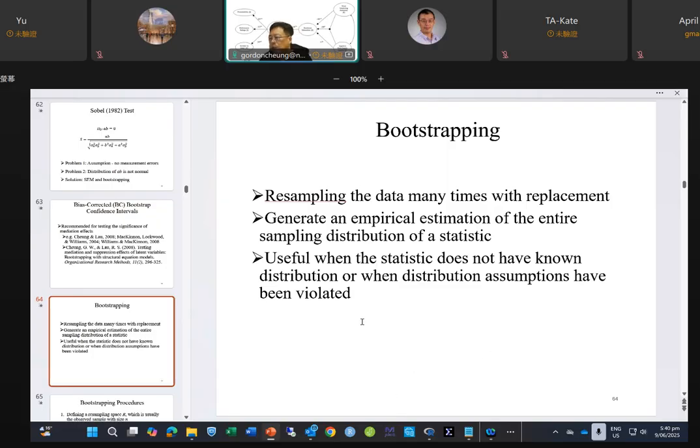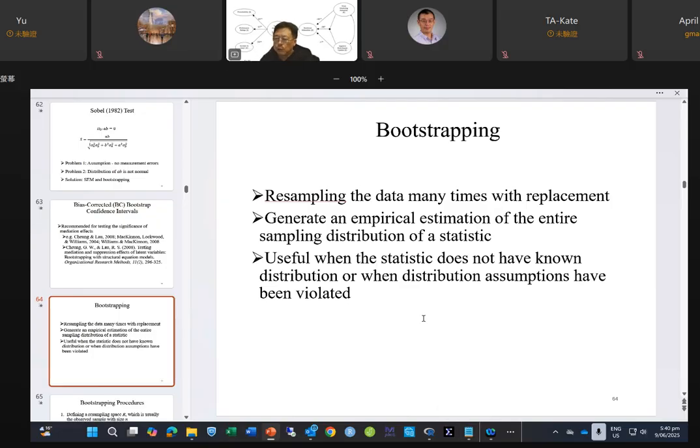Now we do not have a T distribution or normal distribution to rely on because A times B is not normally distributed. Therefore, we generate this distribution with 1,000 replications. Then we can plot the sampling distribution and find out the 95% confidence interval.